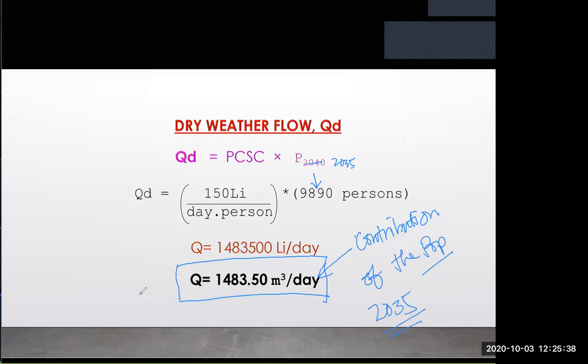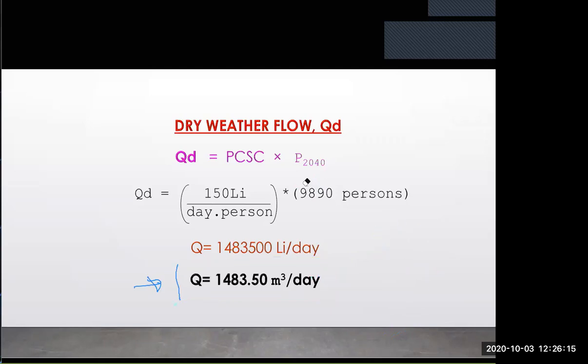Dapat ito yung kunin mong flow so that you can take into consideration the population growth in 2035. Do not use the 2010 or the 2015 or 2020 population to determine your dry weather flow. Magkukulang na yung facility or your sewage treatment plant if you make use of those populations. So, after making use of your projected population, then you can now determine your dry weather flow.